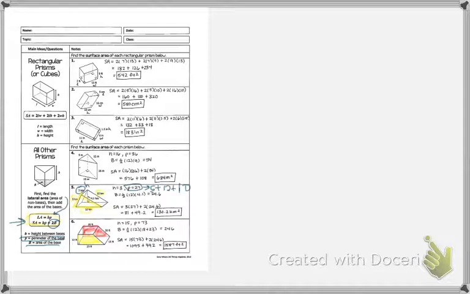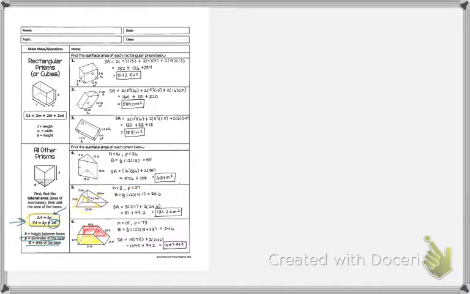So I have my perimeter. I have my height. hP plus 2 capital B. Plug in.